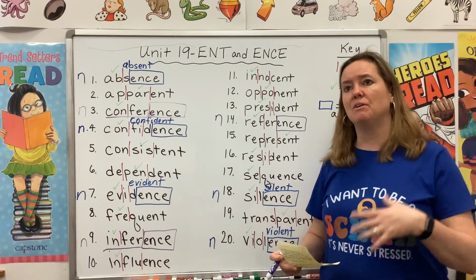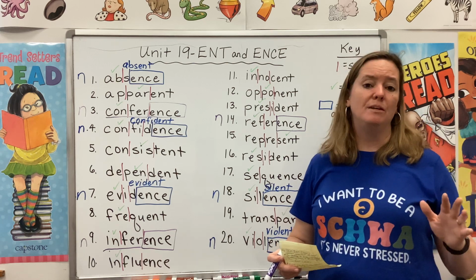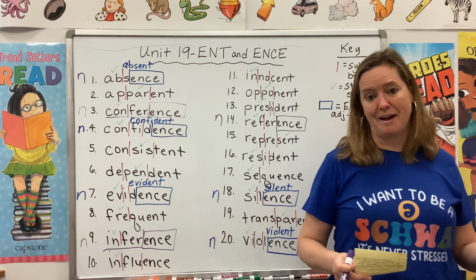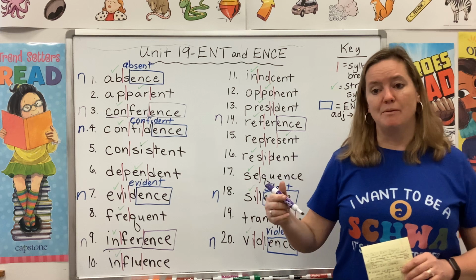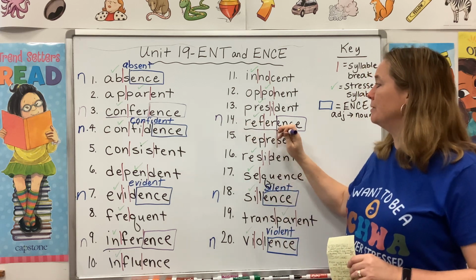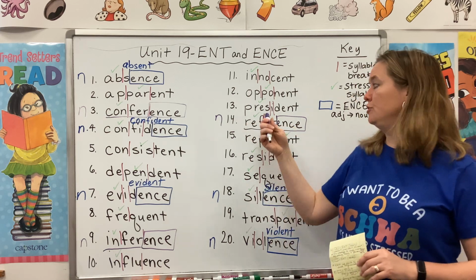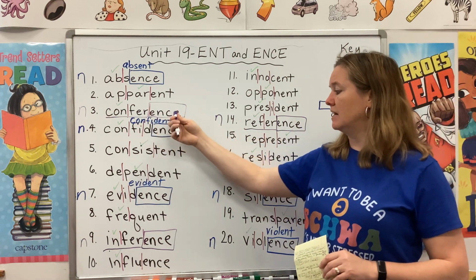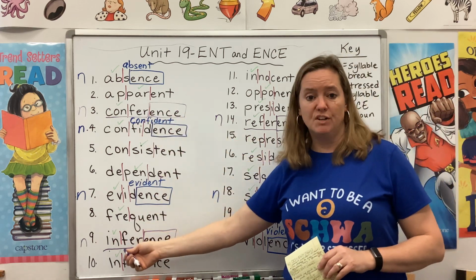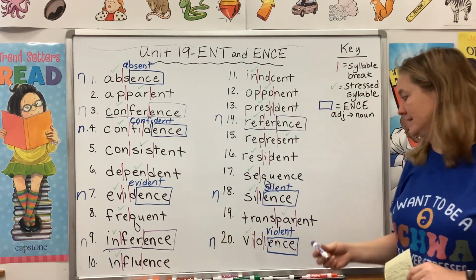If you're trying to figure out how to spell a word, you might use a dictionary as your reference. So a reference is a tool that gives you information. You can refer to it. So you refer to a reference, you confer at a conference, and you infer when you make an inference.